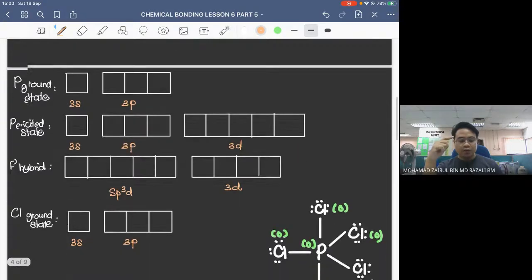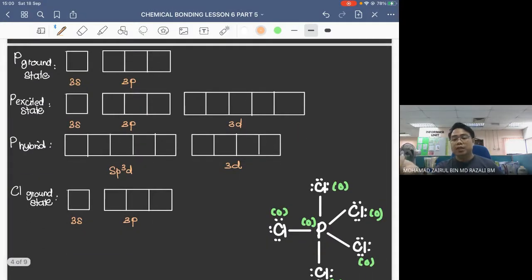Phosphorus is located in period 3 and group 15. That means phosphorus has 5 valence electrons, and the 5 valence electrons will occupy the 3s and 3p orbital. So 2 of the electrons will occupy 3s and 3 of the electrons will occupy 3p.